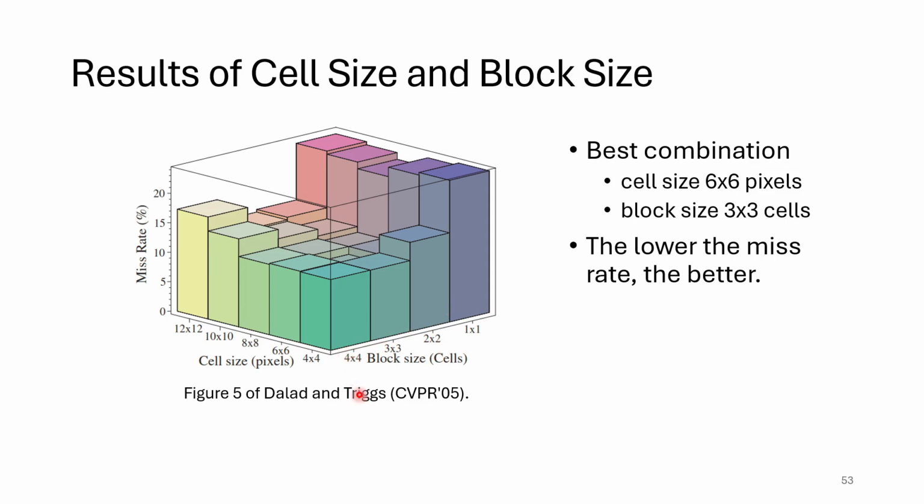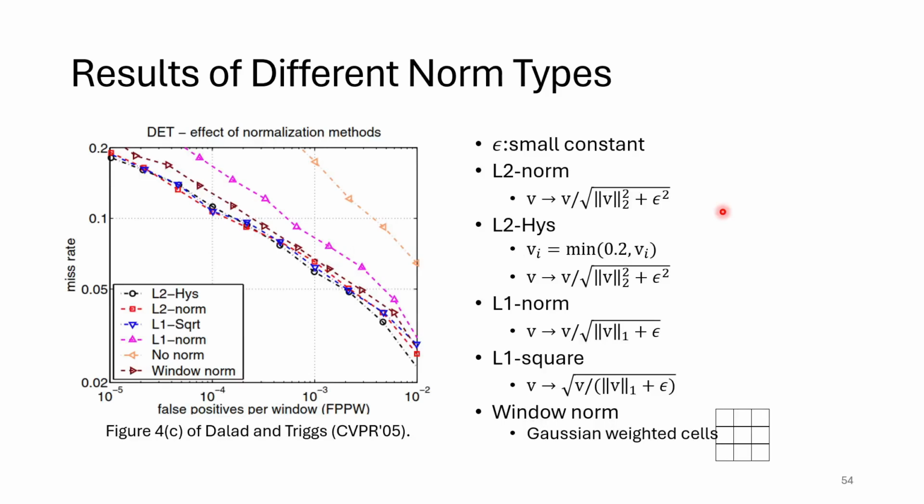Based on their training set, they get the optimized hyperparameter setting: 4x4 for a cell and 3x3 for a block. Then they also try different normalization types, and they found the L2 norm works best for the training set.